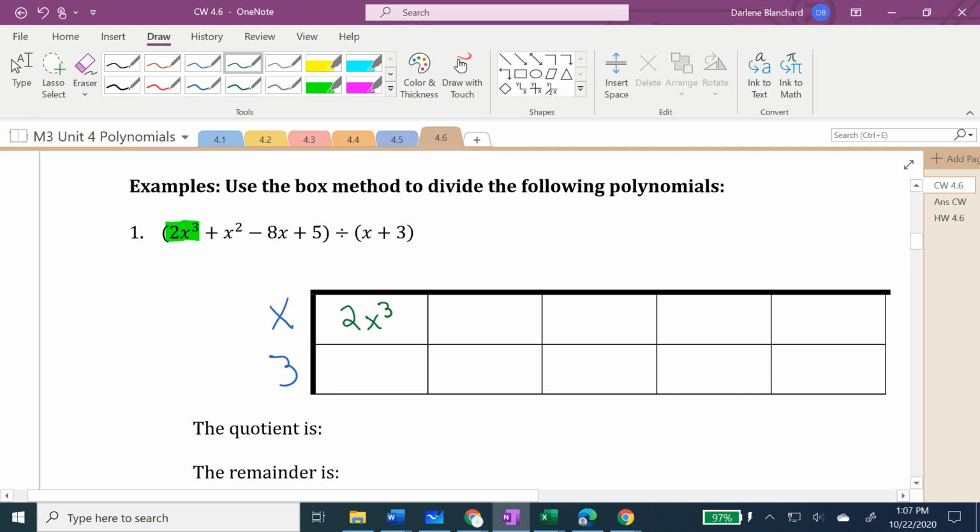That will always be your first move, along with writing down the x plus 3 that you're dividing by. So now you need to figure out what should go here. And if you look at it, hopefully you see that you need to figure out, what do I multiply x by to get 2x cubed? And that would be 2x squared.